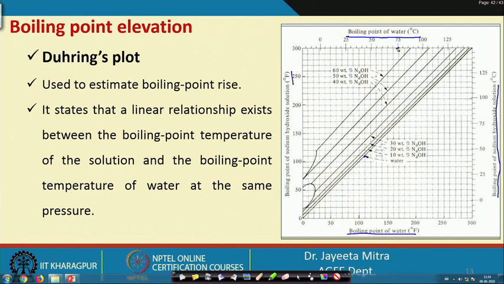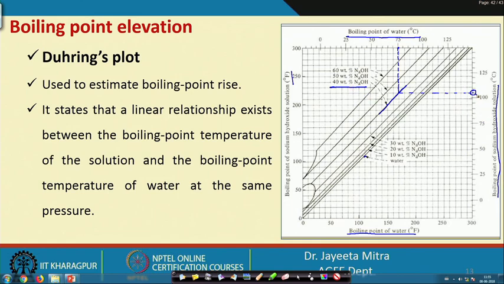Now, if we want to calculate the boiling point of 40 weight percent NaOH in a similar condition, we take the curve corresponding to 40 weight percent NaOH and the boiling point of water showing 75 degrees Celsius. We look for the intersection of those, and then we find the point which is the boiling point of the 40 weight percent NaOH solution.